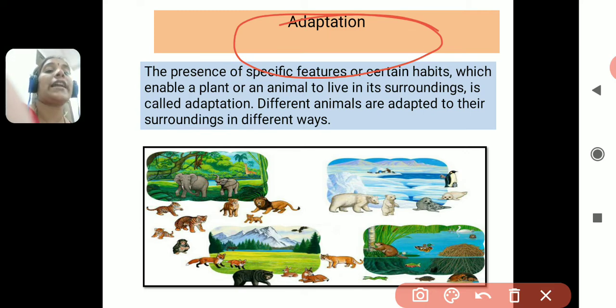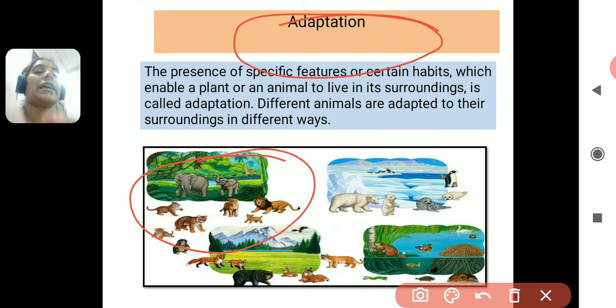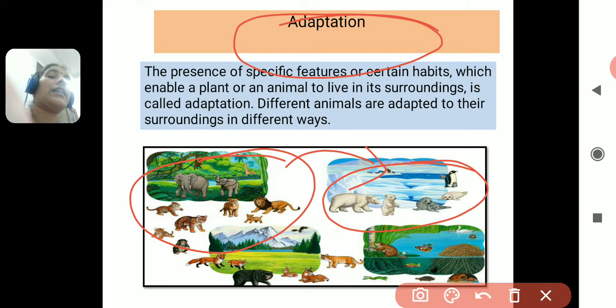So how can we define the term adaptation? The presence of specific features or certain habits which enable a plant or an animal to live in its surrounding is called adaptation. Observe here, these animals are adapted for the forest and they can't survive in the polar region, and these animals are adapted for the polar region and they can't survive in the forest.